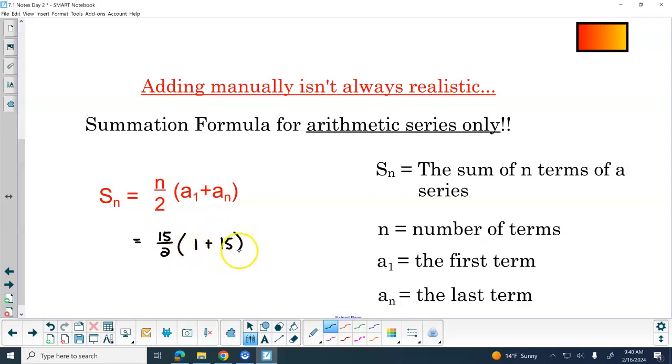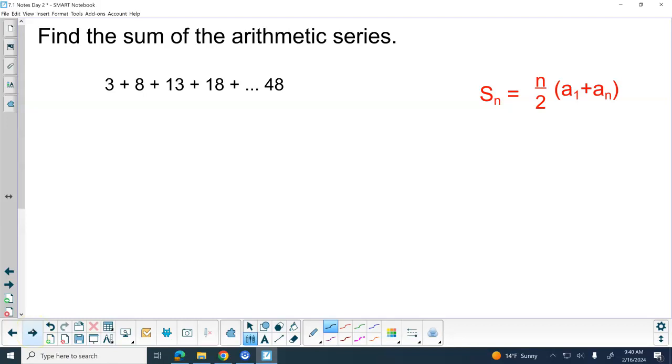Our last one was 15. 16 divided by 2 is 8. 15 times 8 is 120. So it's a little faster to use the formula than it is to just add them manually.